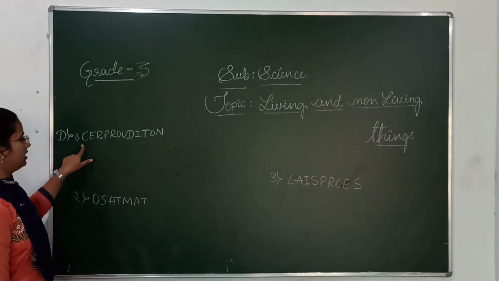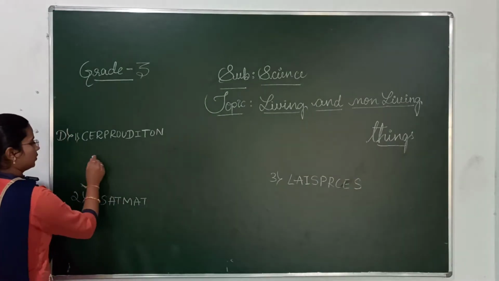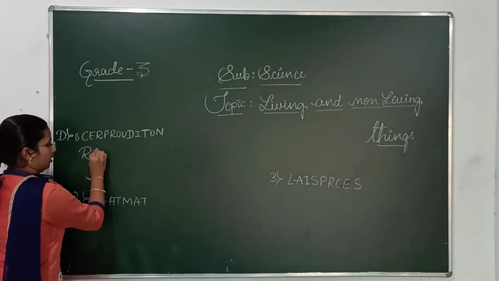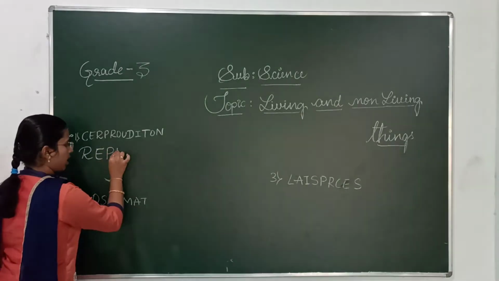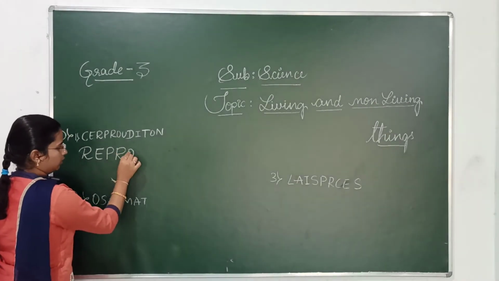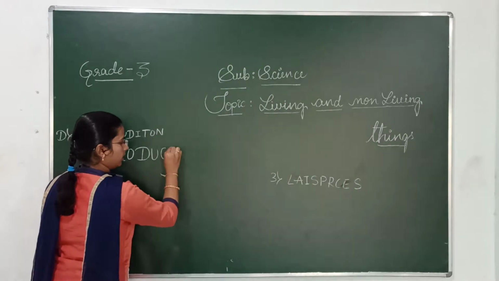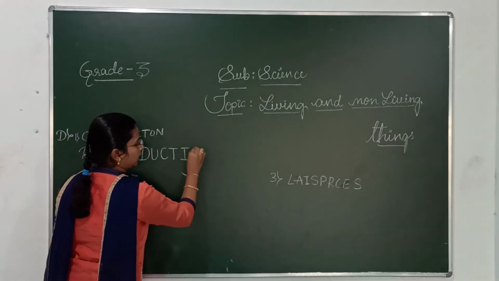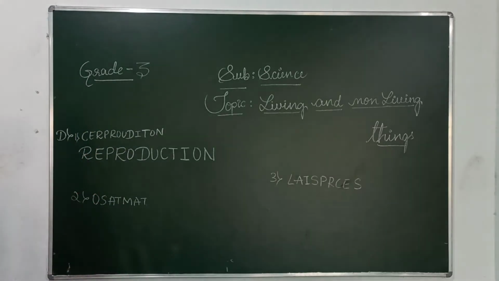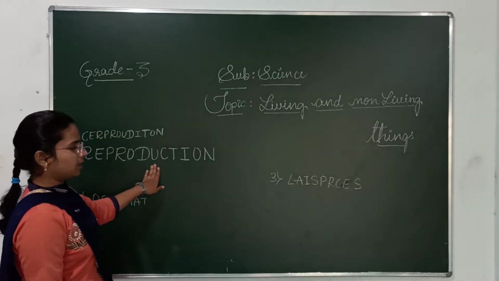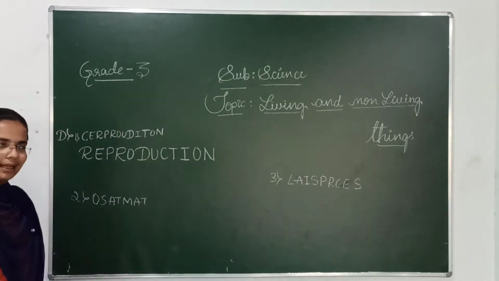The word which we can make in this word is R E P R O D U C T I O N. What does this word mean? Reproduction. What is reproduction? We shall learn later.